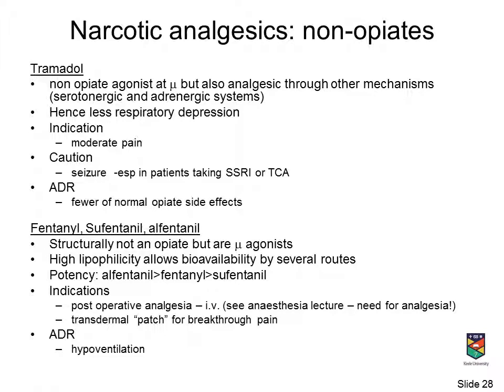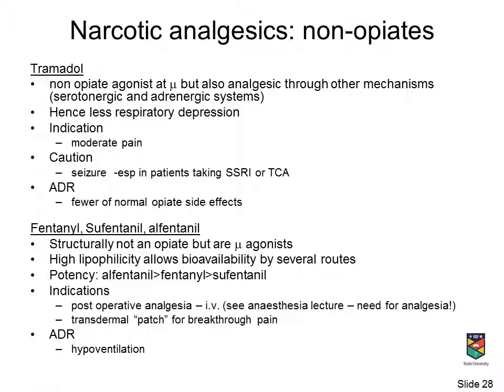Okay, tramadol is an opiate agonist, but it has a different chemical scaffold. It doesn't have the classical opiate chemical structure, even though it acts as an agonist at the mu receptor. Although it can act as an analgesic, it also has effects on serotonergic and adrenergic neurotransmission.